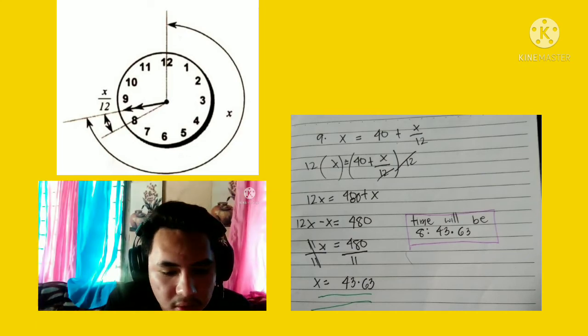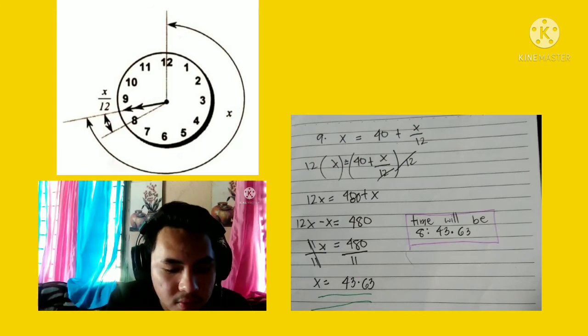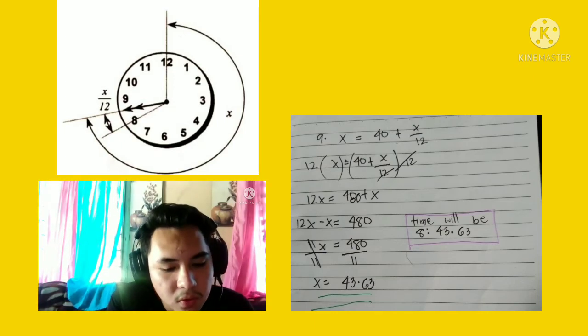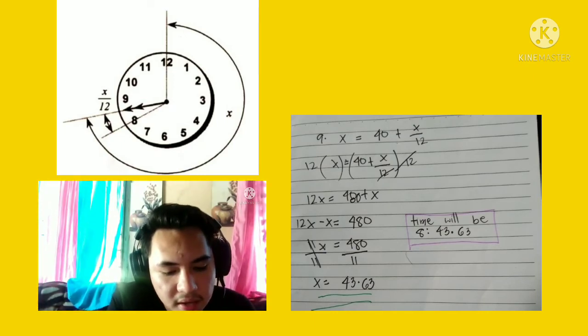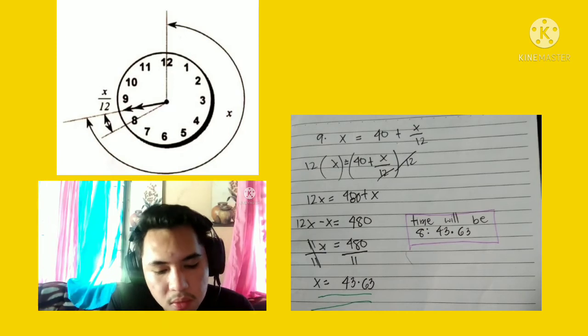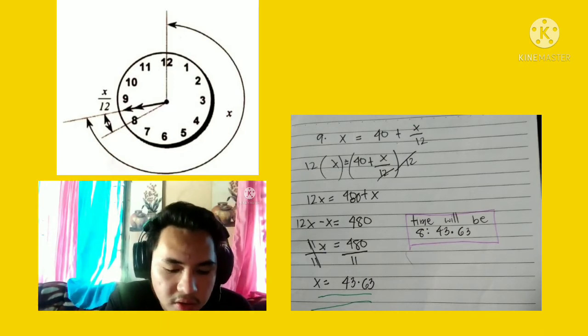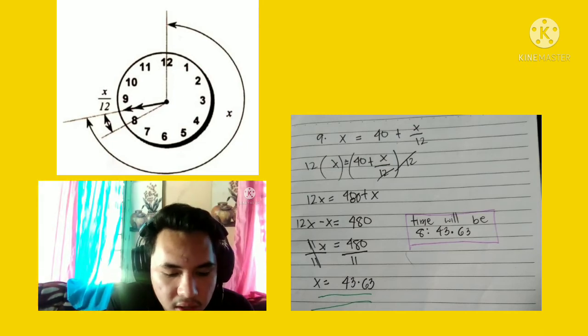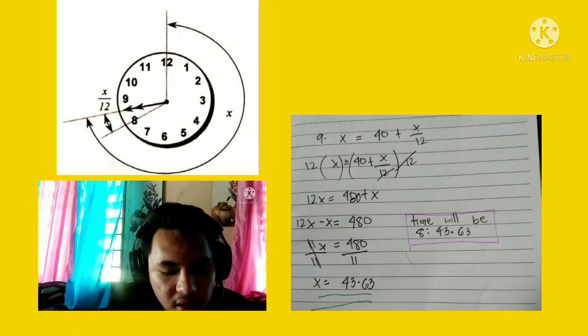To solve this, we multiply both sides by 12. So we have now 12x equals 480 plus x. So move our x to the other side. So we have 12x minus x equals 480.